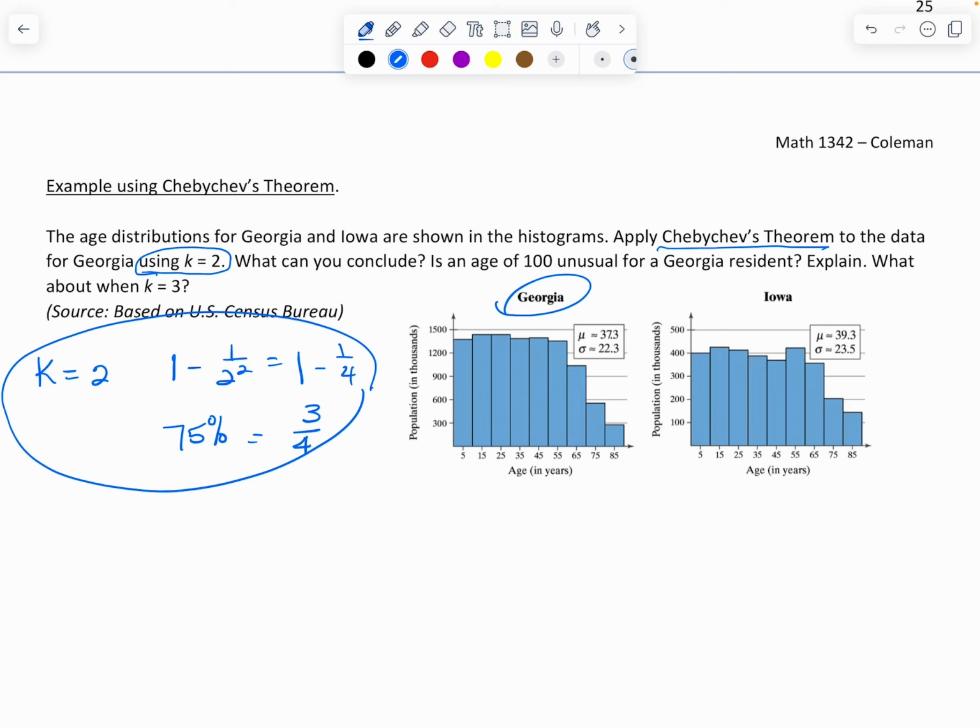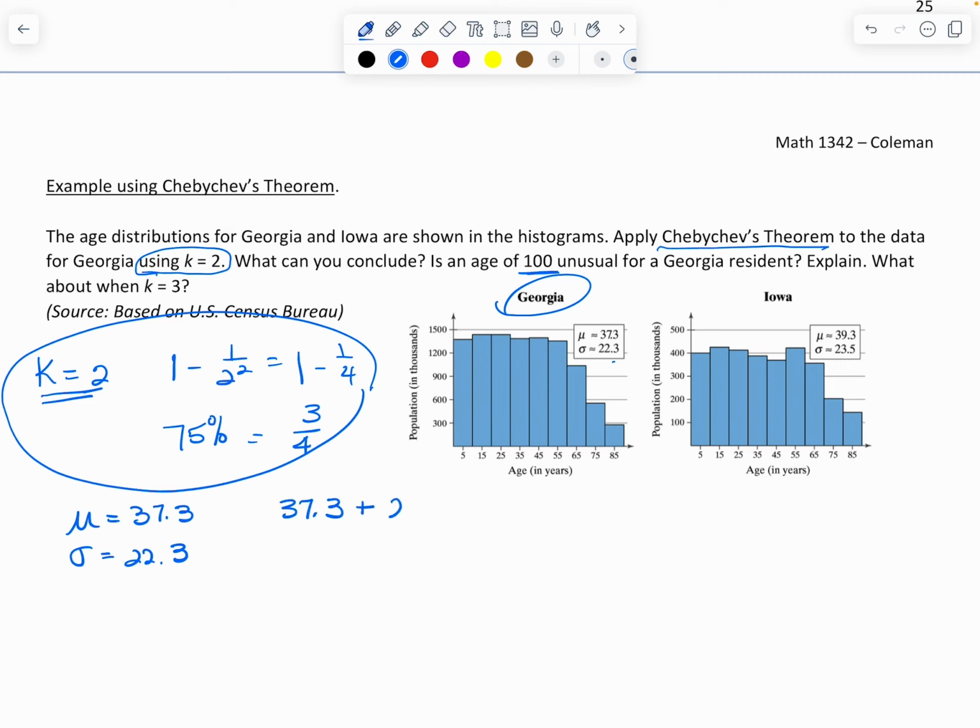What I want to know then is where this 100-year-old person falls. What standard deviation is he with? In order to do that, using Georgia, we know that the mean is equal to 37.3 and the standard deviation is 22.3. So we're looking at k equals 2.